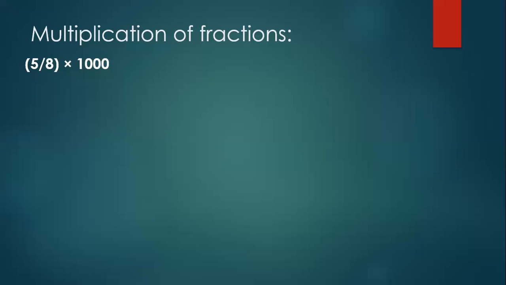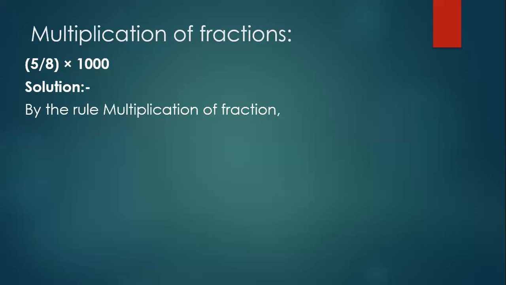All right. Now, if you have 5 by 8 multiplied by 1000, here again the first number is a fraction and the second number is a whole number. 1000 can be written as a fraction, 1000 by 1. So we'll write the solution by the rule of multiplication of fractions.